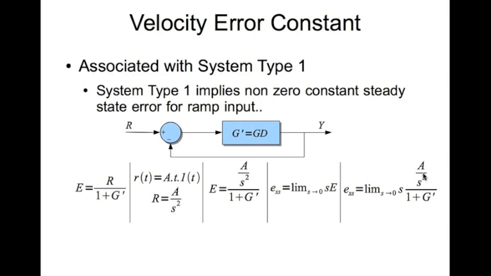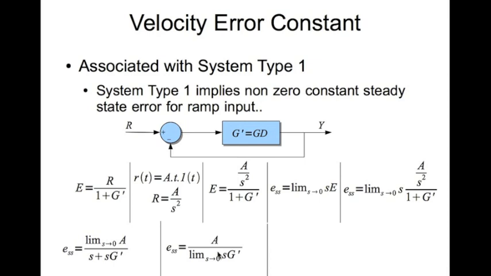So this s cancels with one of these s, and you multiply the remaining s with the denominator to get this. Now as s tends to 0, this s becomes 0, so you end up with this. Notice that this is not 0 because you can typically separate out 1 divided by s from g dash, and that 1 divided by s cancels with this s, and therefore this is a non-zero constant.